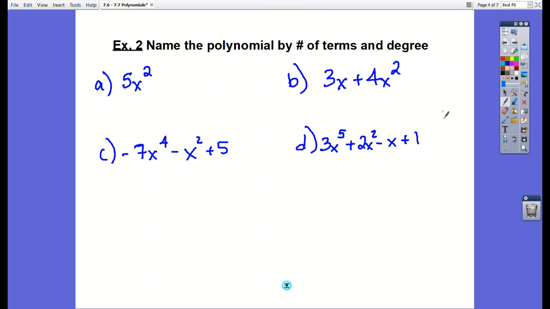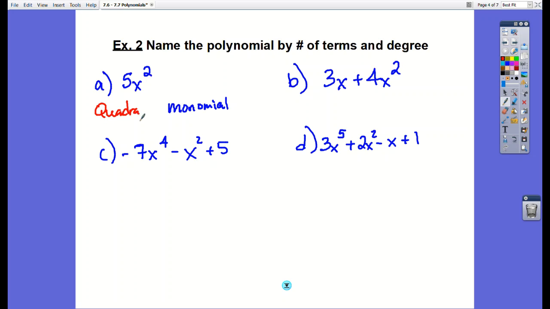So who has our first one for us? Michael? Degree 2 monomial. Okay, so degree 2, what's another word for that? Oh, linear. Don't listen to Spencer, he's lying to you. Quadratic.